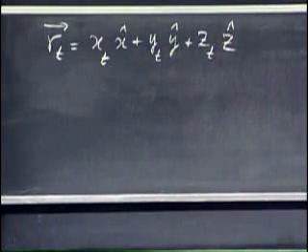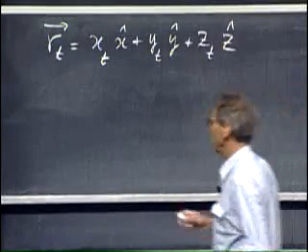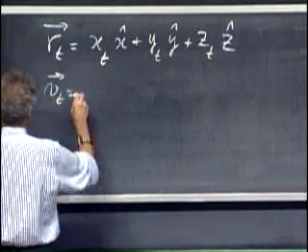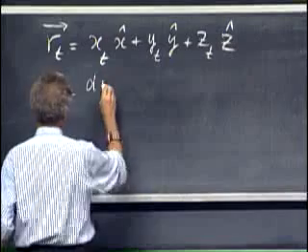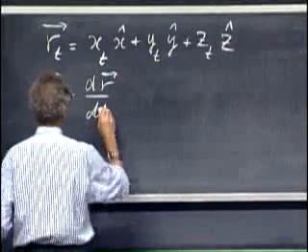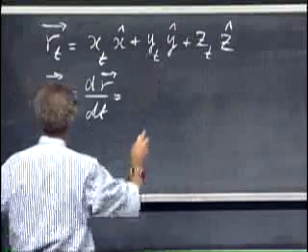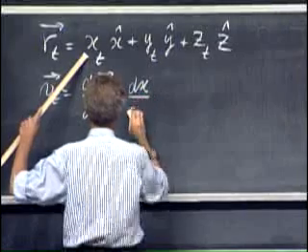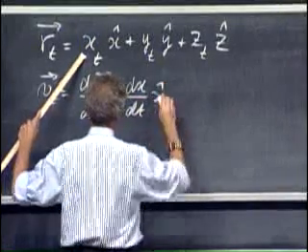What is the velocity of this particle? Well, the velocity is the first derivative of the position. So that is dr dt. So there we go. First the derivative of this one, which is dx dt x roof.